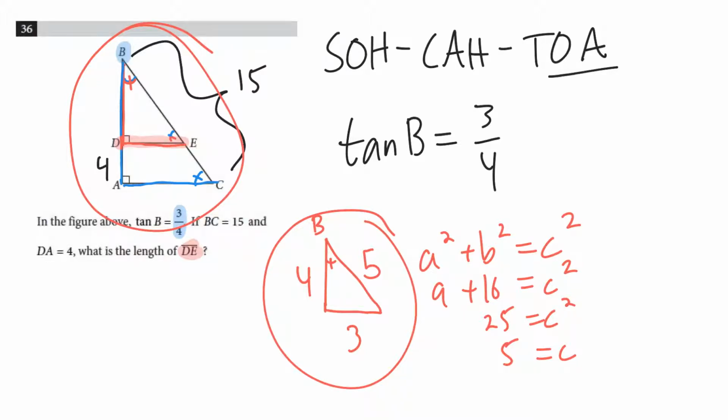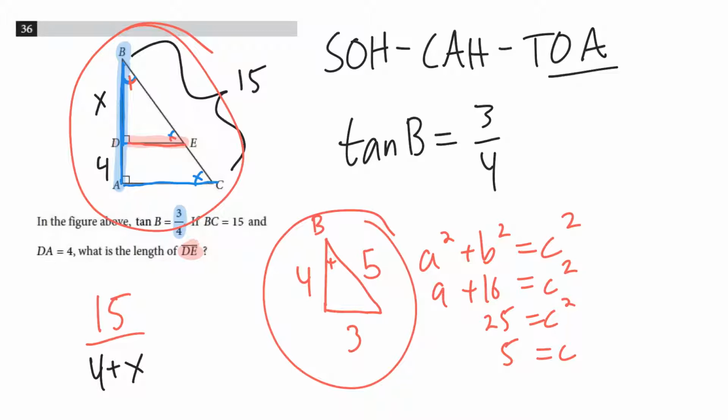Okay, and we know the hypotenuse is 15 in the large triangle. So if the hypotenuse is 15 in the large triangle, then we can say that 15 will be relative to this long side, which would be 4 plus, say, x.